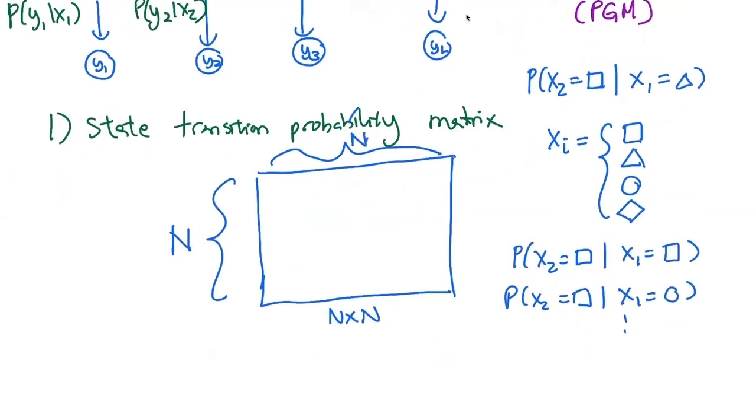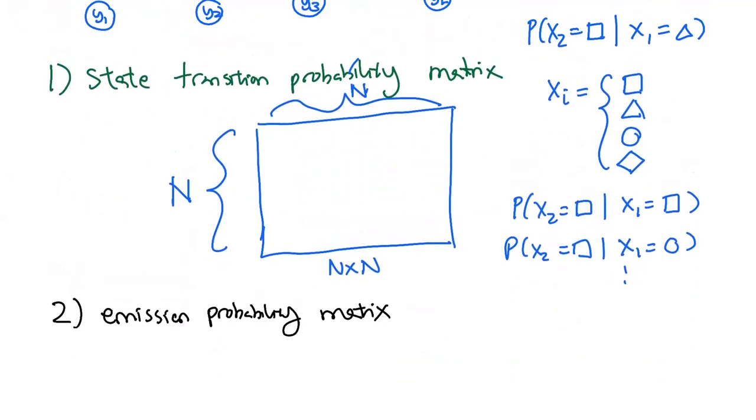And then the second thing we need to specify is the emission probability, which is also a matrix. So this state transition matrix, at least in this class, we'll use the letter A to denote the matrix.